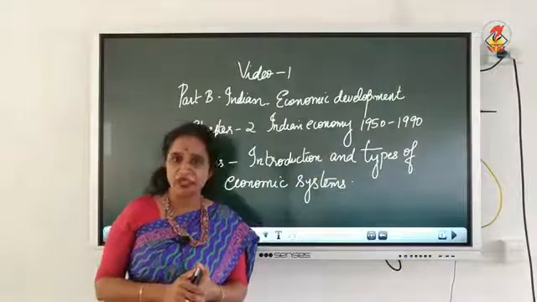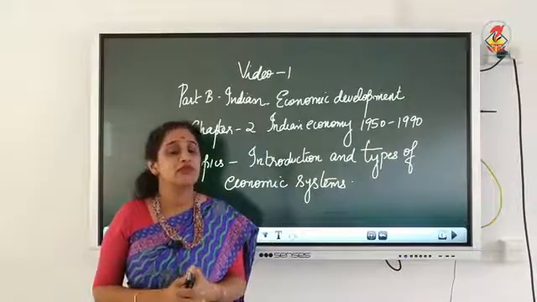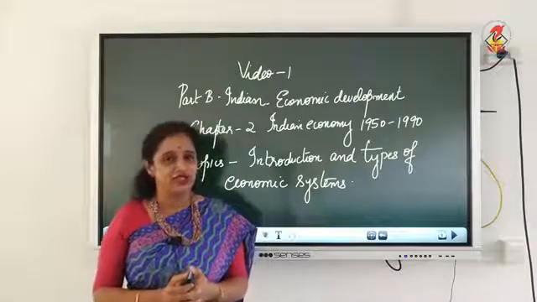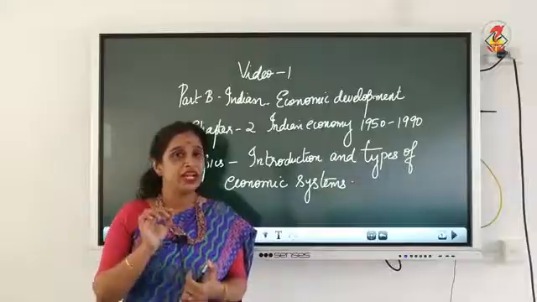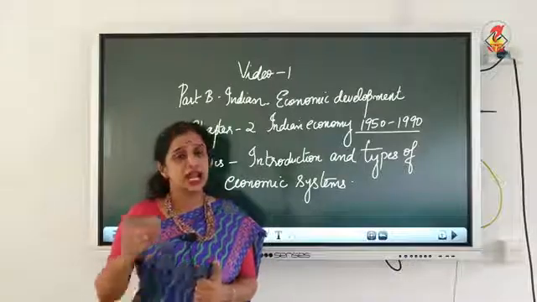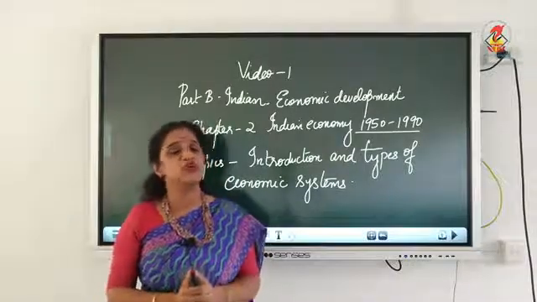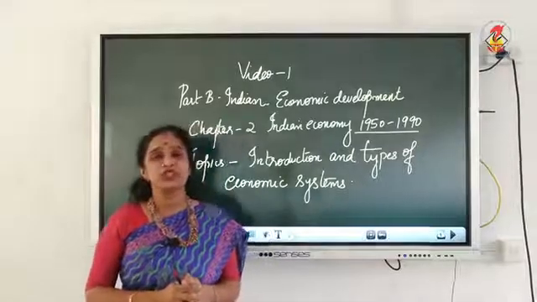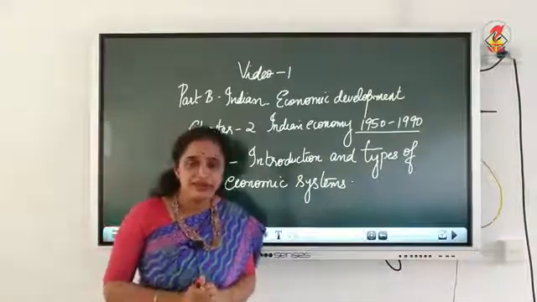So, in this chapter, we are going to learn about the economic system that the government evolved. The time period of 1950 to 1990 is what we are going to focus on in this chapter. I told you the main task before the government was to frame a proper economic system which could give prosperity to our economy.